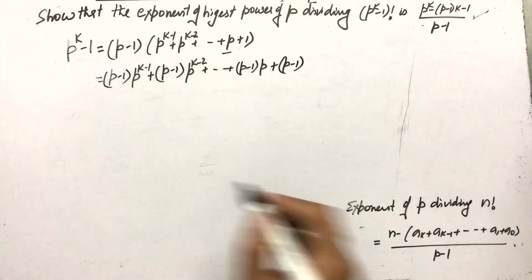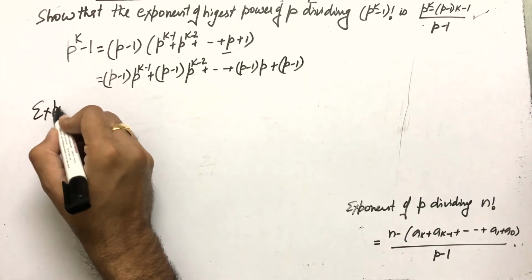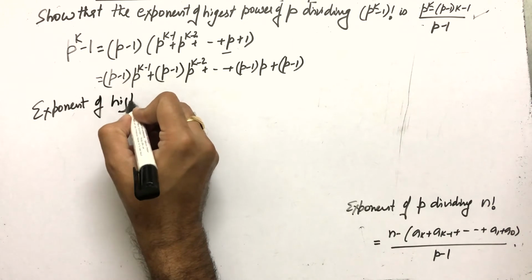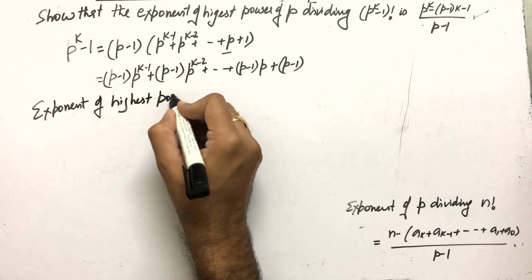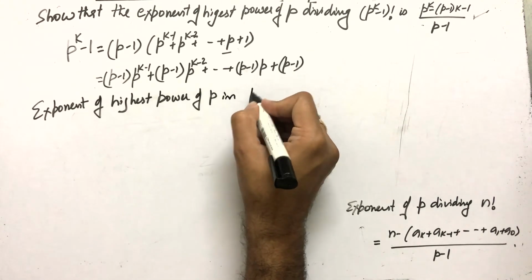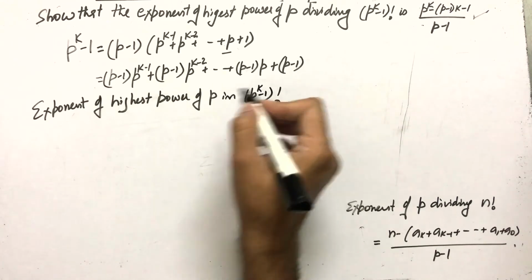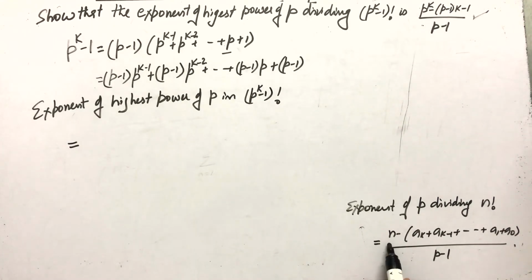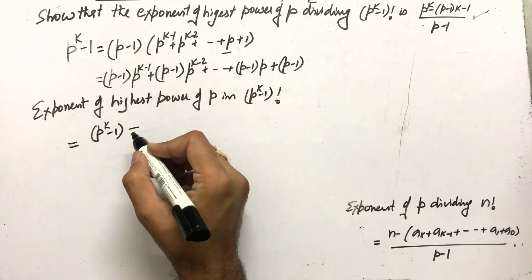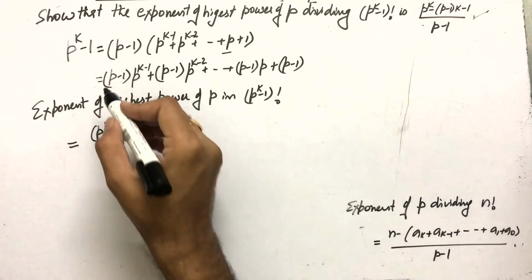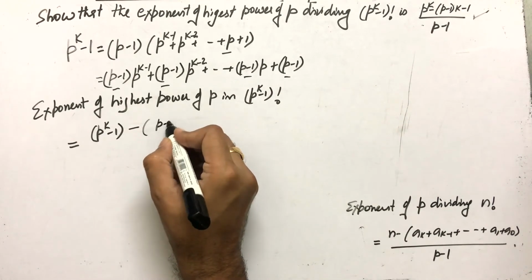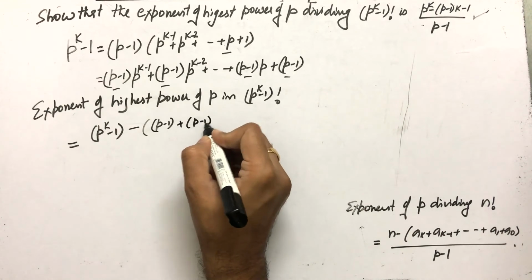Now using this result, exponent means power of highest power of p in p power k minus 1 factorial is equal to, so using this, how much is n here? P power k minus 1 minus, so what are these? These are the coefficients, as you see here. So what are these? P minus 1 plus p minus 1, so on.